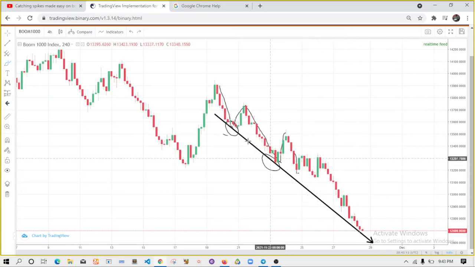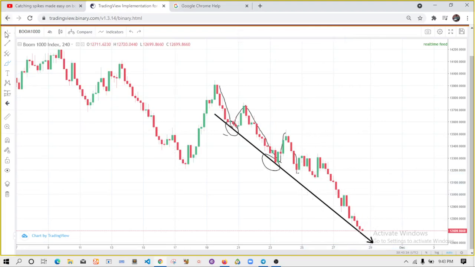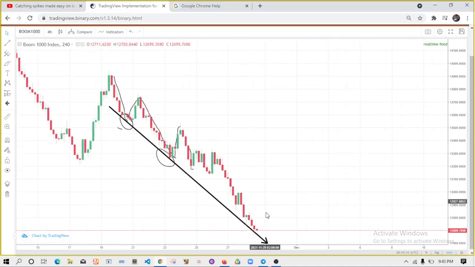I connected these two swing points or lows and extended the line. Once you connect it, you have to extend the line so that once the price gets to that point again, you're expecting something to happen.